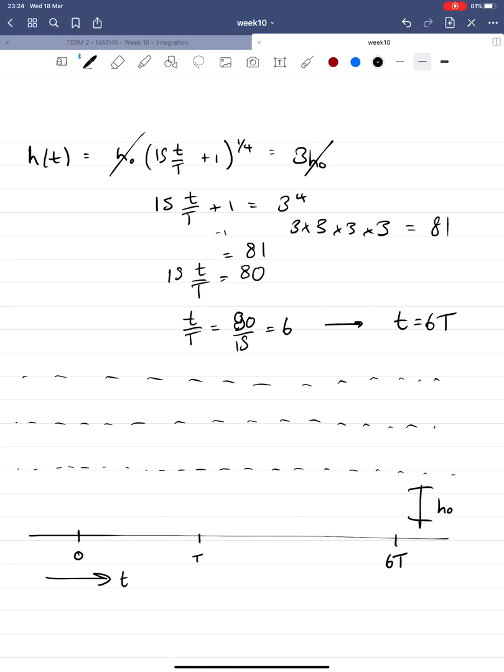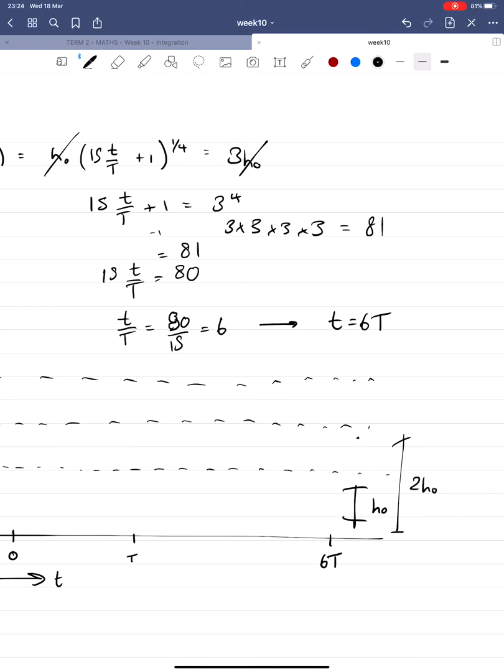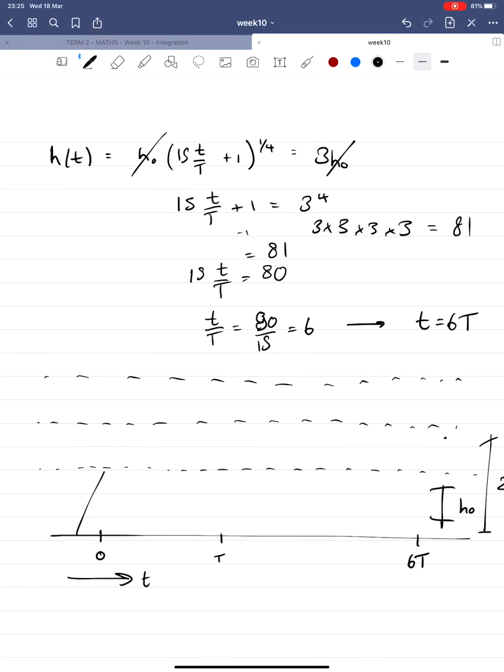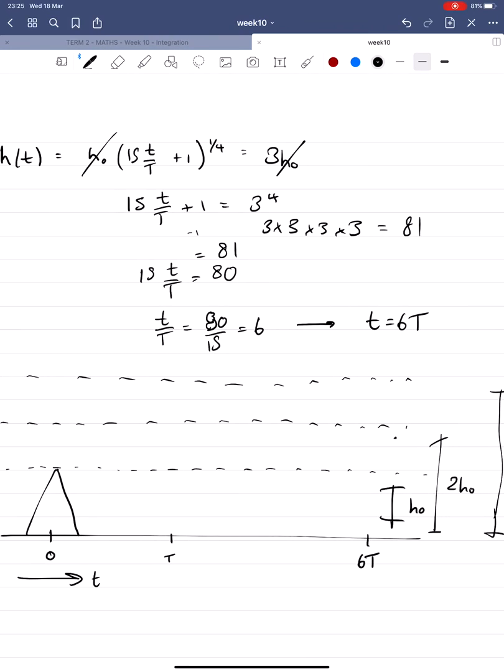This is h0, 2h0, 3h0. At time 0, our cone looks like this. And then some T later, it has doubled in height. And it's not until 6T later that it's actually tripled in height.